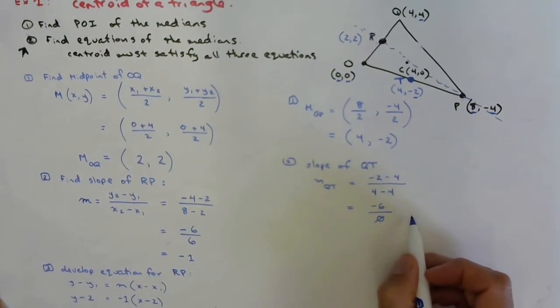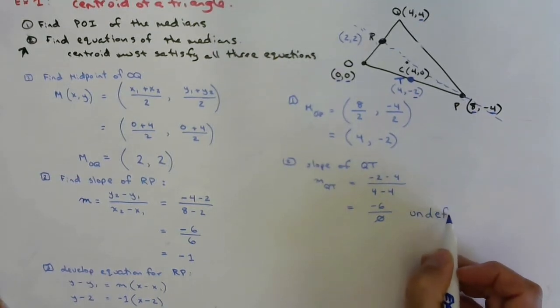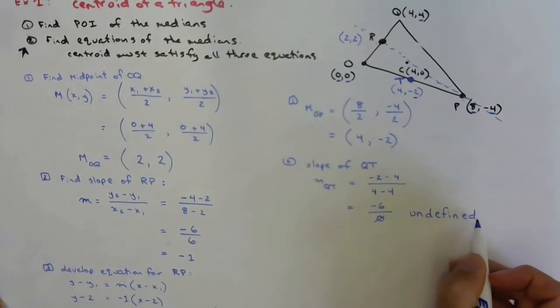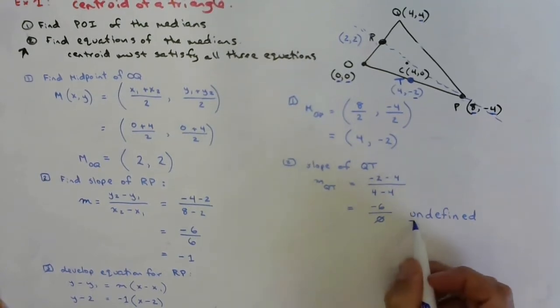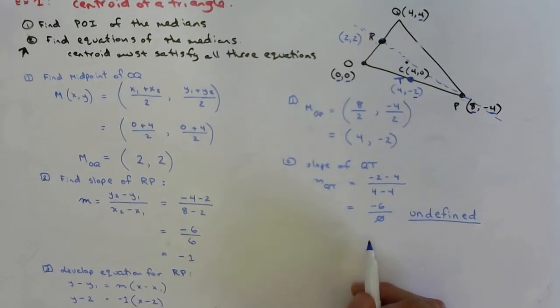Undefined. Anytime you have a 0 in the denominator, it's undefined. Okay? That's impossible. You can't split a number into zeros. You can split it into thirds, you can split it into halves, you can't split it into zeros. It's impossible. So undefined.